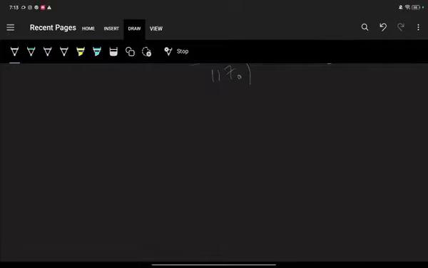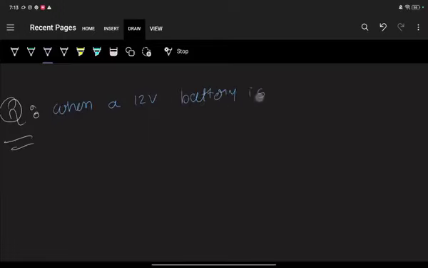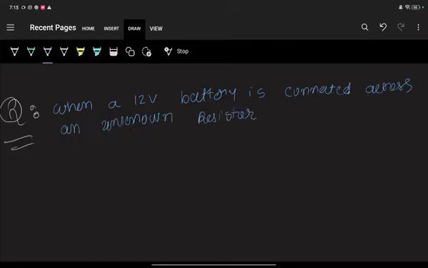Now, an interesting question. The question says, when a 12-volt battery is connected across an unknown resistor, there is a current of 2.5 milliampere in the circuit.